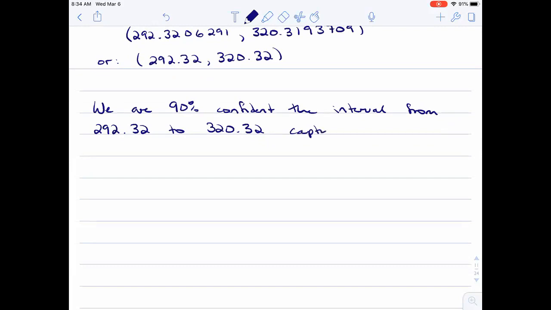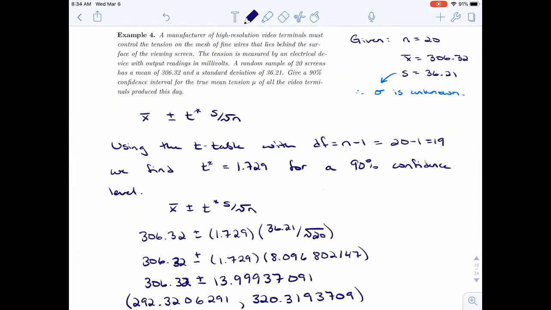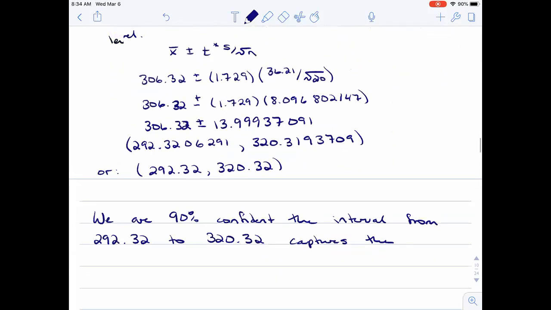Captures the, and here's my ultimate redundancy, the true mean tension mu of all the video terminals produced this day. Let's see if I can remember that.